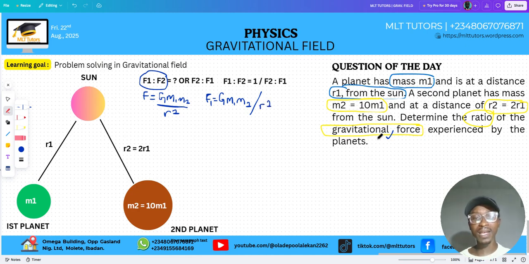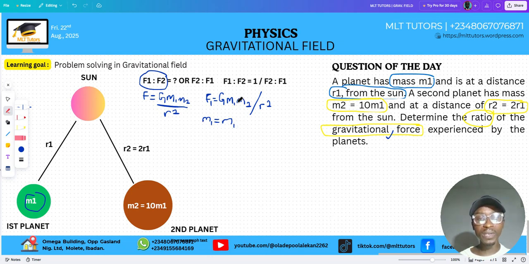So now let's ask ourselves, what's the value of our m1? The first planet, its m1 is still given as m1. So the mass of the first planet is equal to m1. The m1 of the first planet is equal to m1 as given in the question.